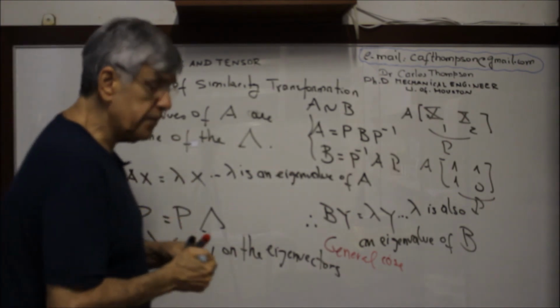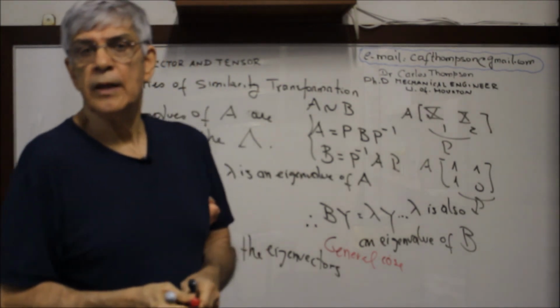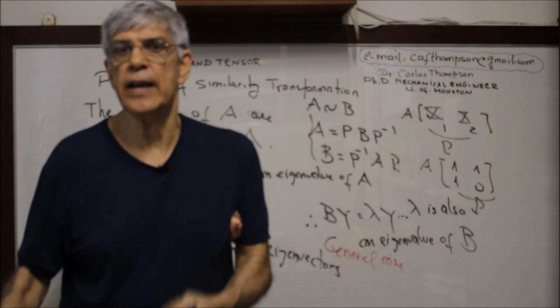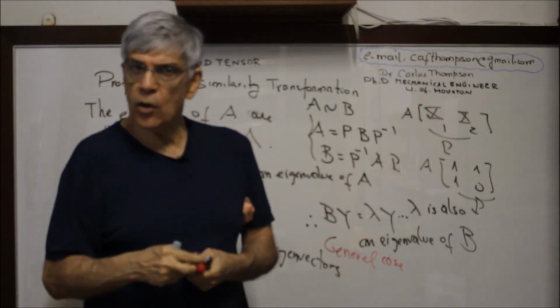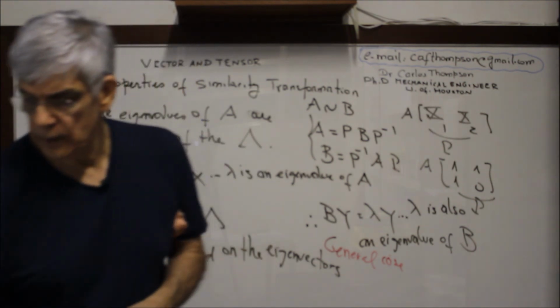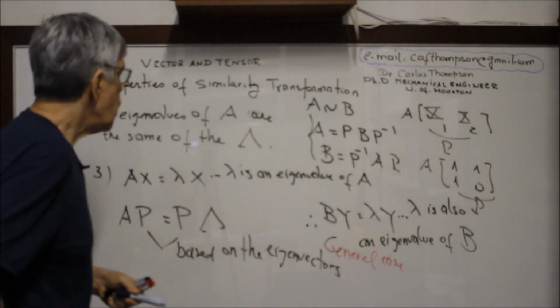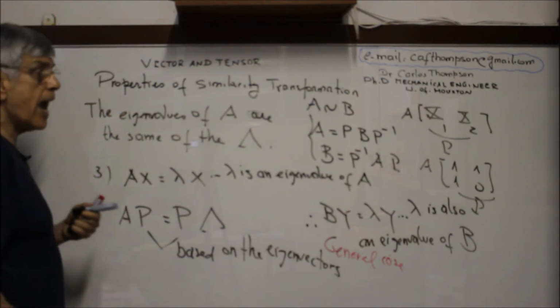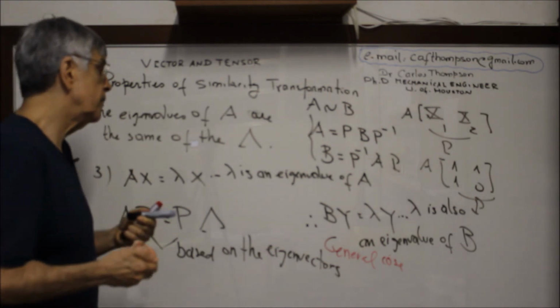You see, in videos and books, they say the word "diagonalize" a matrix A. See? I don't like that term. Because they say, okay, given a matrix A, diagonalize the matrix.